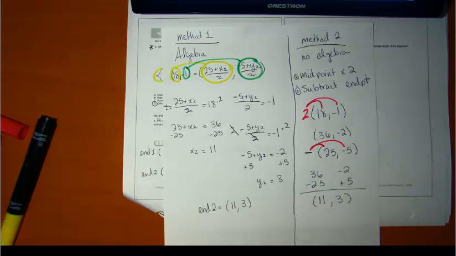So if you multiply by 2 and then subtract, it's the same steps as the algebra, just without the variables in there. I distributed the negative, so that made it minus 25 and plus 5. Does that make sense?